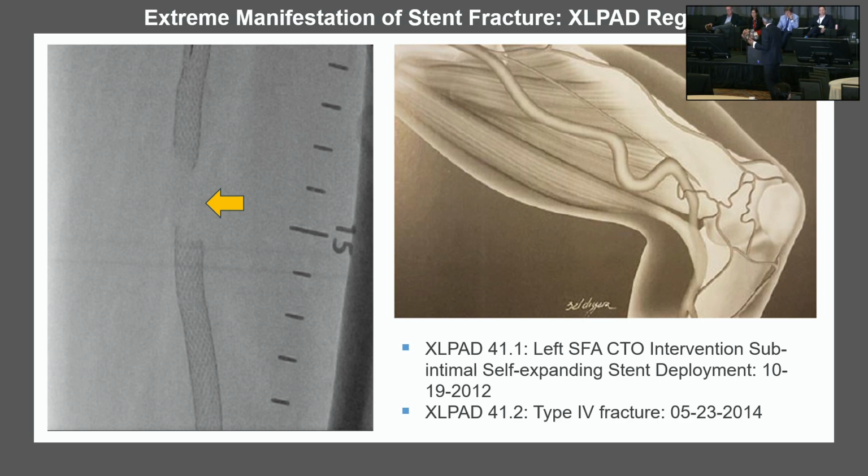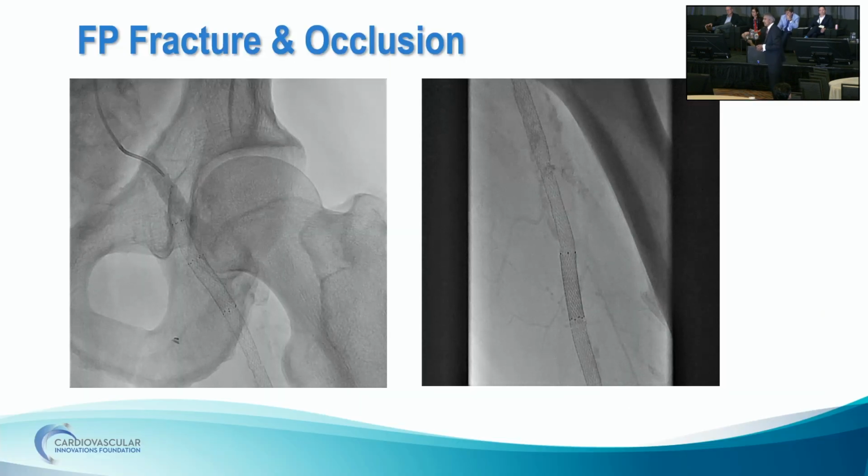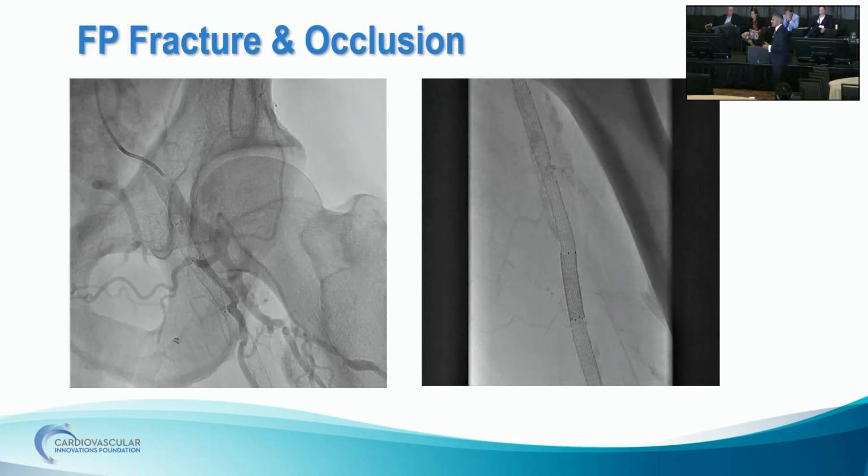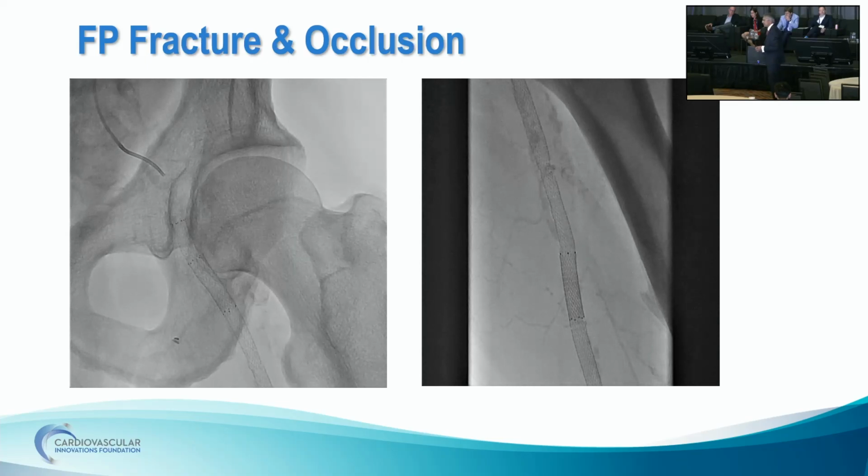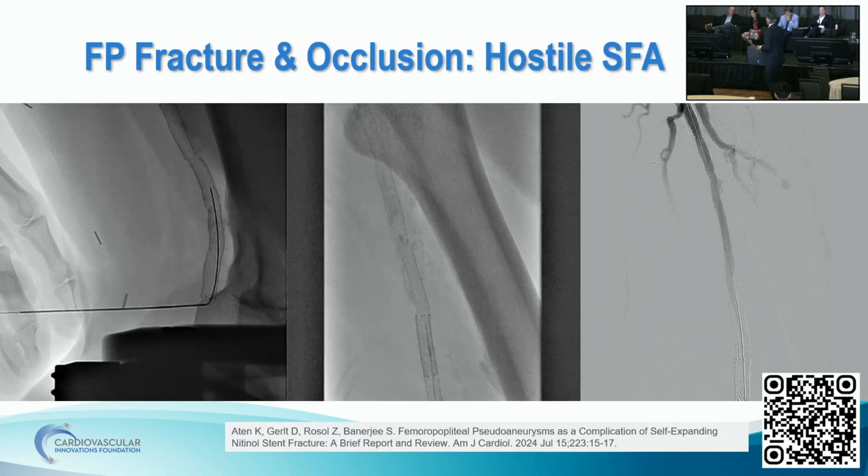That means that if you place it precisely in the distal popliteal, like you suggested, it could actually end up far below or far above from where you envision them to. The combination of stent fracture, long occlusion, and heavy calcification makes for, in my opinion, what I call hostile SFA.